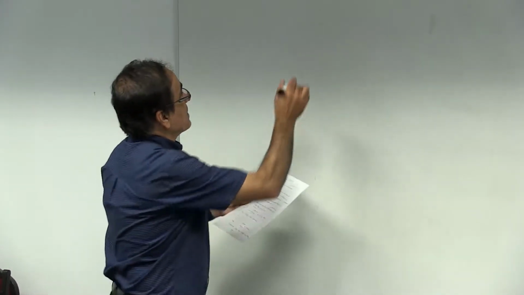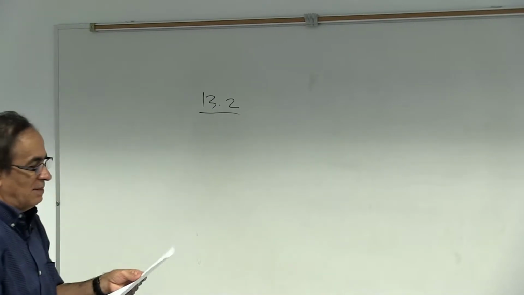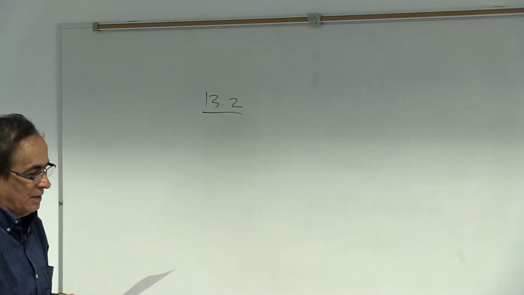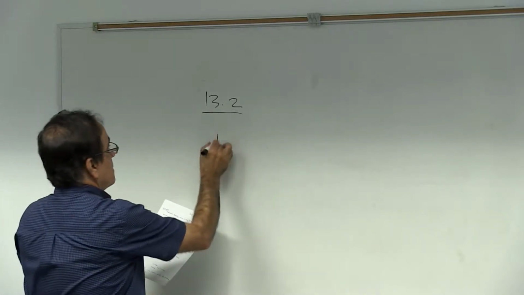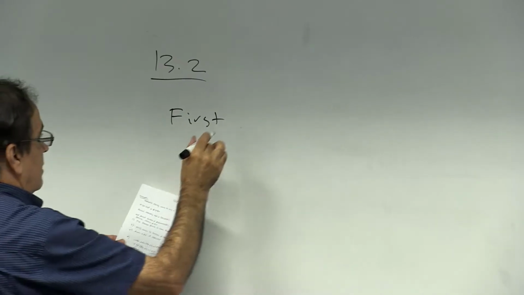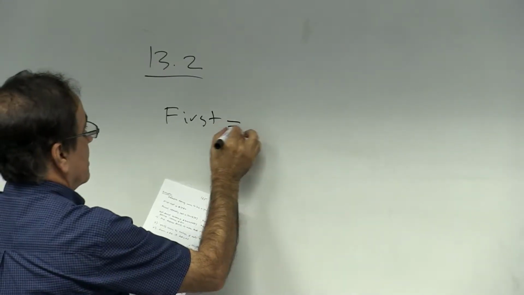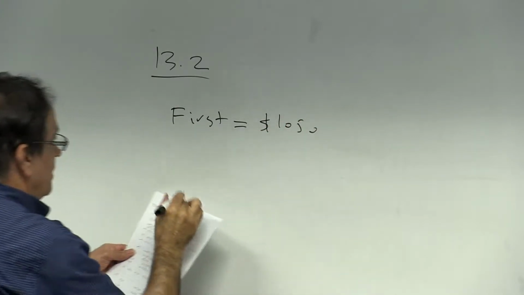We're going to start another example. This is example 3.2. This is another example for payback period. So we have an alternative, the first cost. I'm going to give you the information. You have it in your slide. So this is 1,050.